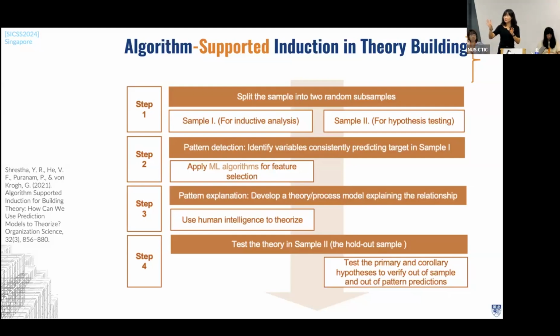Why is that? Because we need to save it for hypothesis testing later, right? We can't say we look at the whole sample and we can explain it so perfectly. We use sample 1 to train model, to do the regular training test split as well. And we'll look for the features that can explain the phenomenon that you're interested in. I think anyone in political science in the room can help us with that as well.